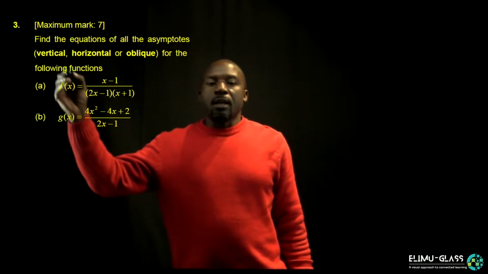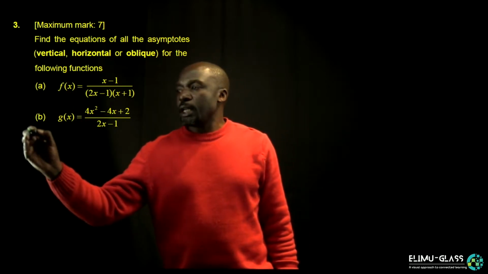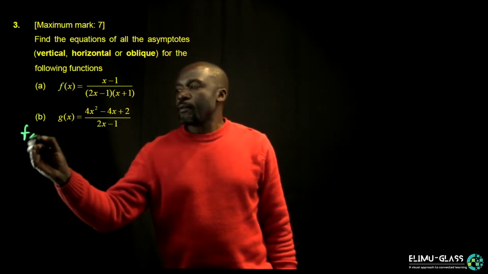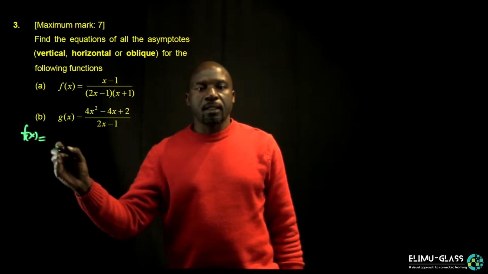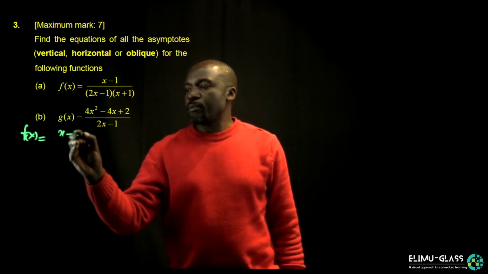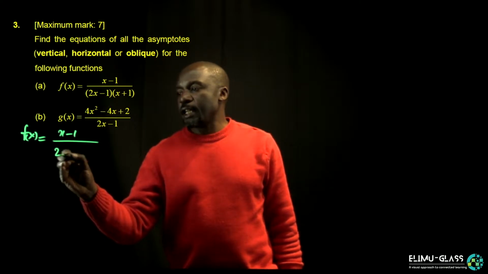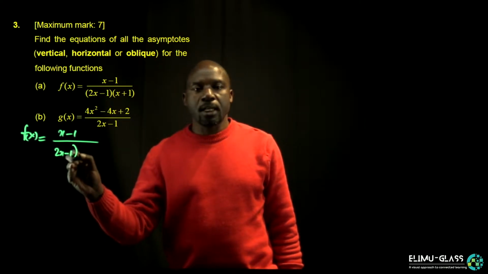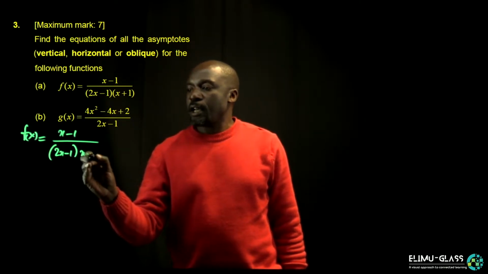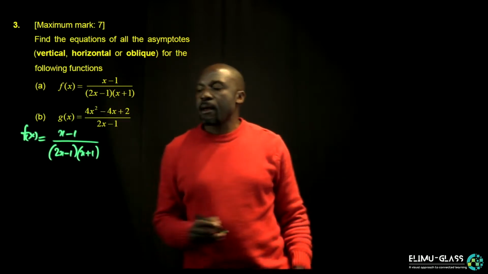So for the first one, f of x is given to us as x minus 1 divided by, I'm just rewriting it again, 2x minus 1 and x plus 1.